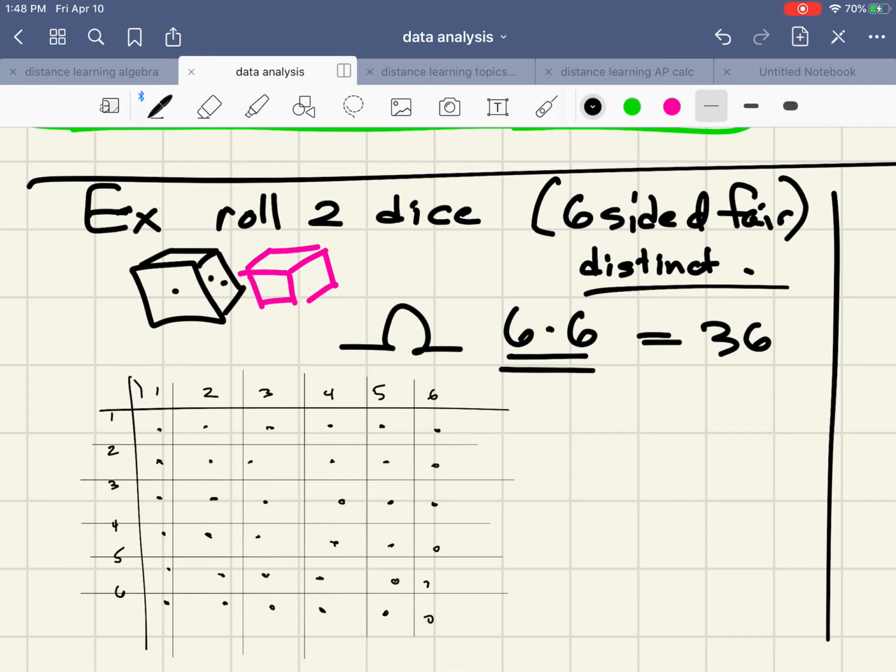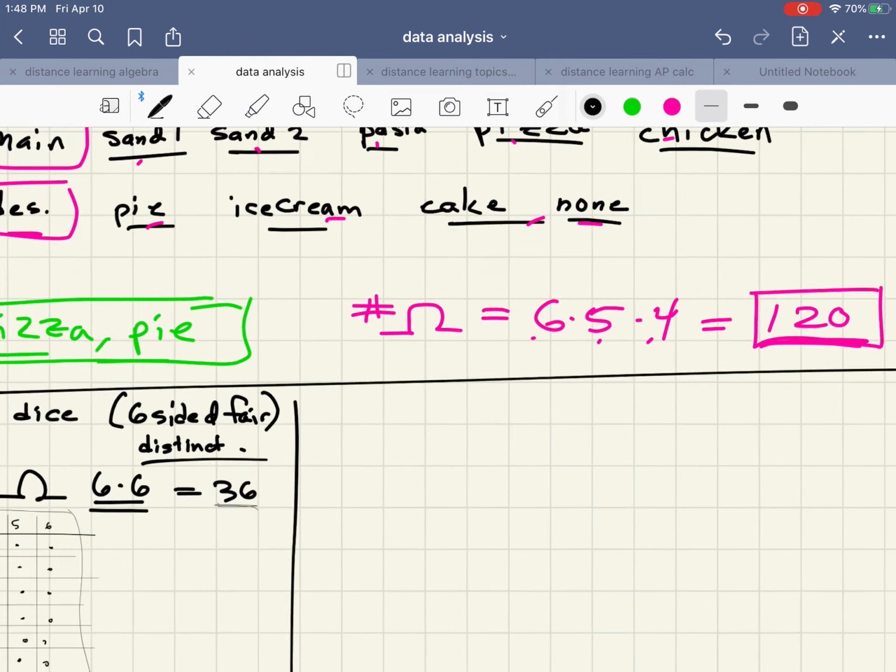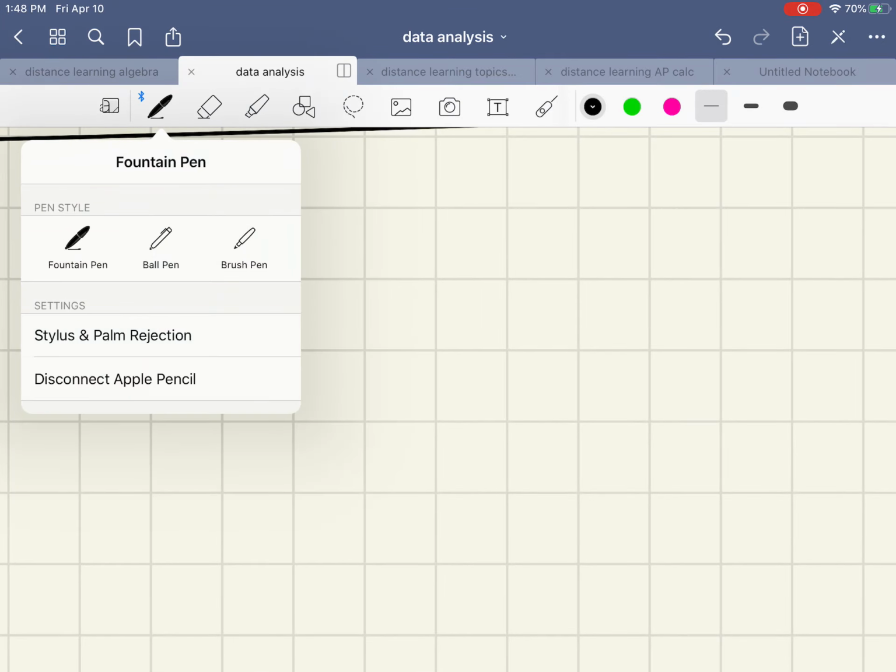They represent different outcomes. So that's just a visual of what the sample space would look like, and the number is 36.